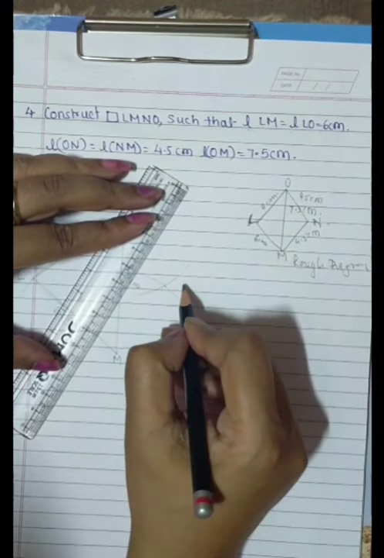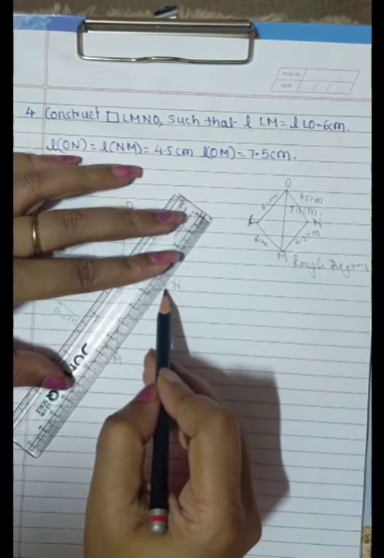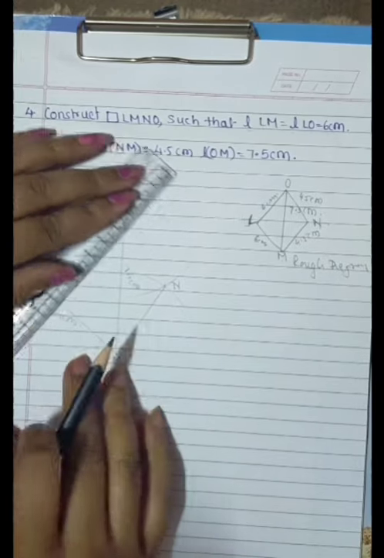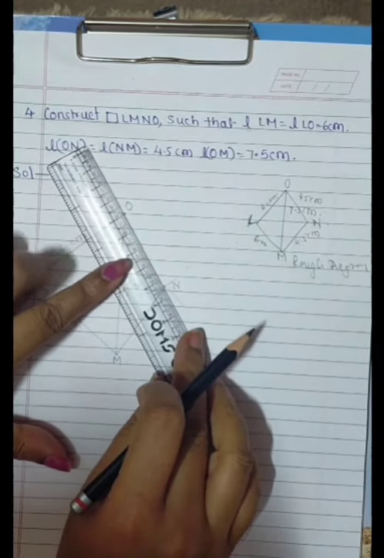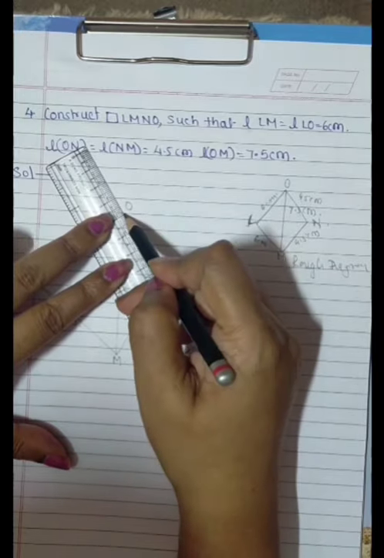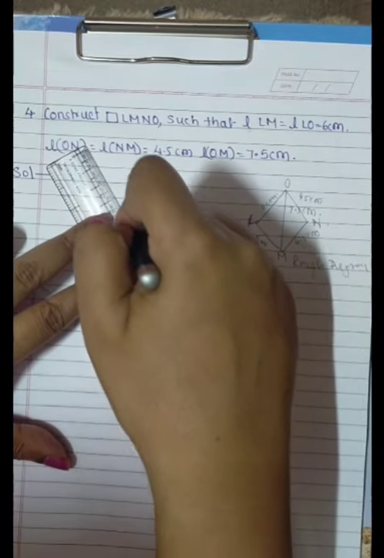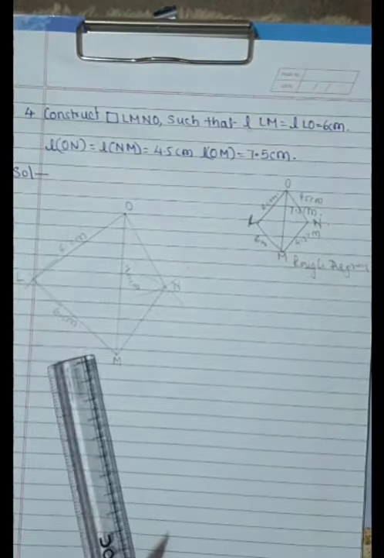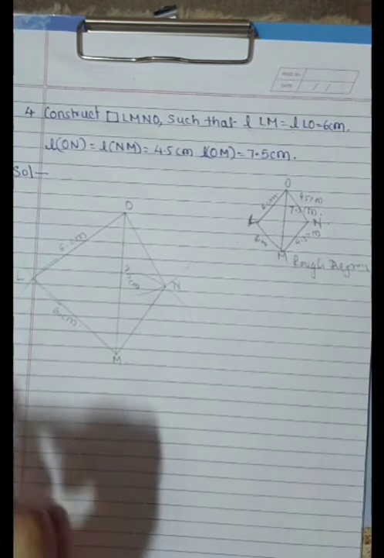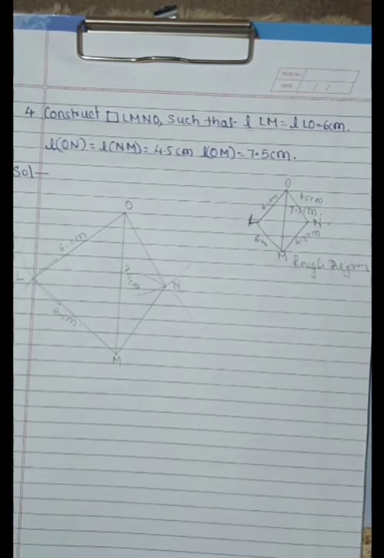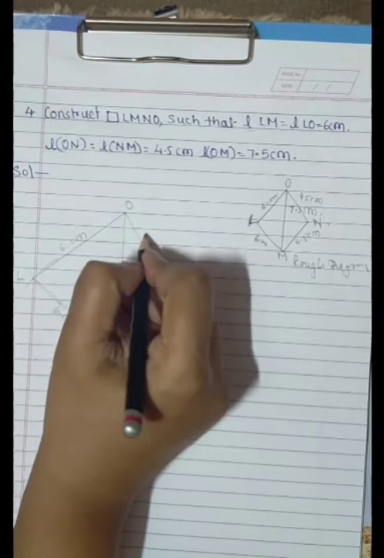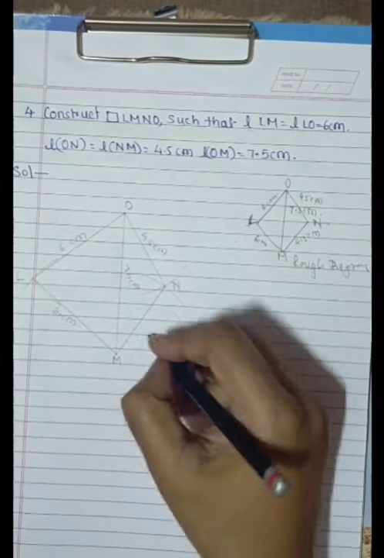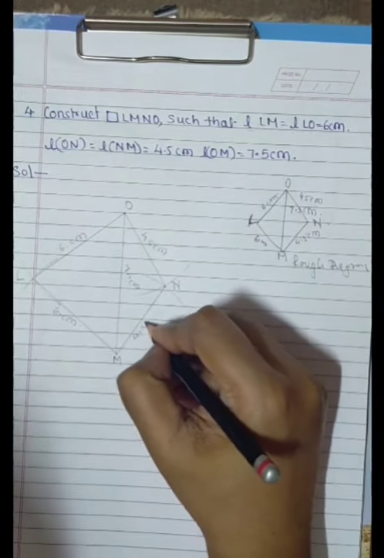This point is our N. Okay, now this is 4.5 centimeter and this is also 4.5 centimeter.